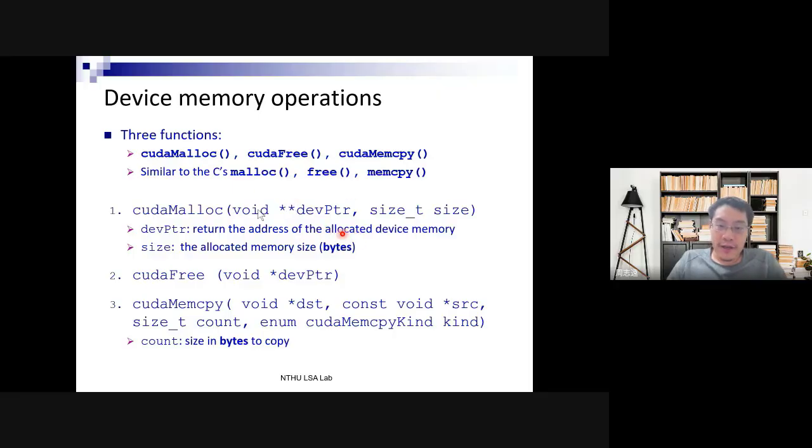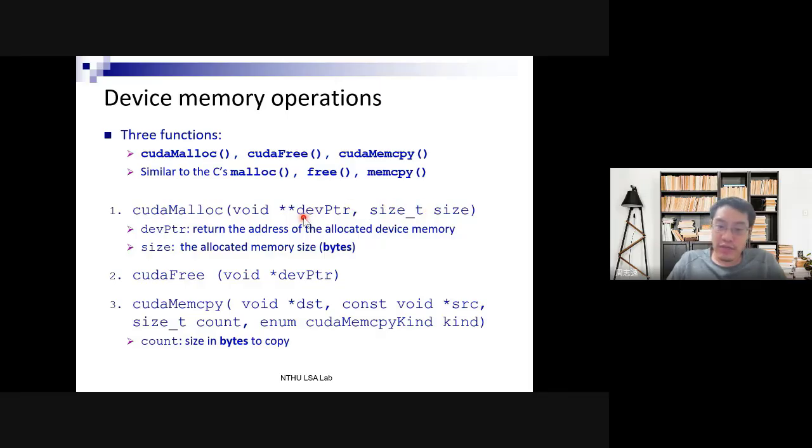Okay, and also it's a device pointer, because we have the host memory and we have the device memory. When we allocate memory or do a memory operation, you have to make sure you know whether the pointer points to device memory or host memory.